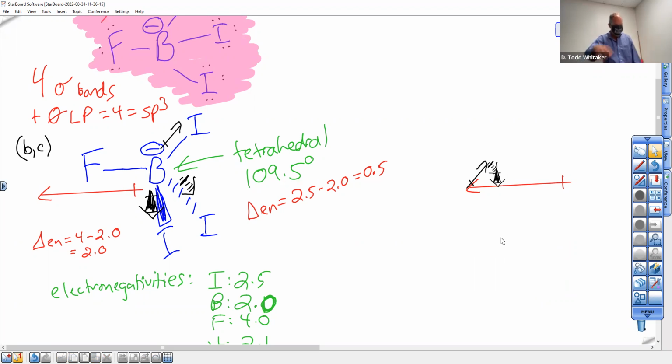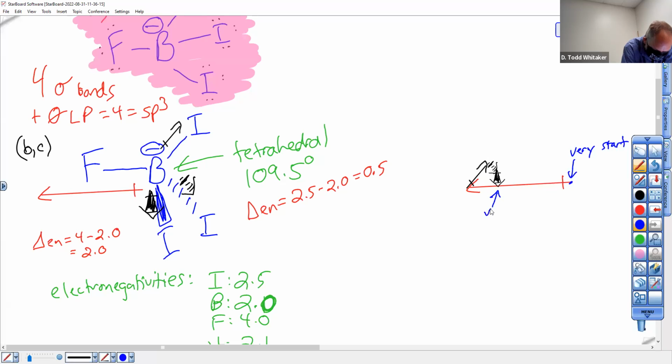And I'm going to tell you how to get past that right now. The net is from the very start. That was the first vector I drew, and the last one I drew was here, the very end. Net is from the very start to the very end only.